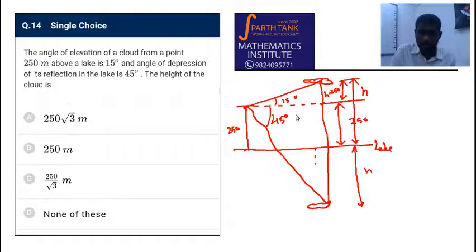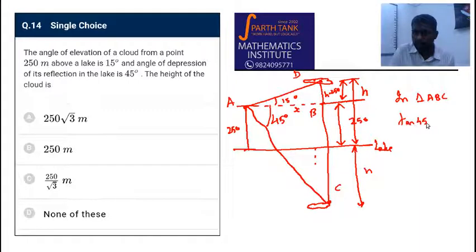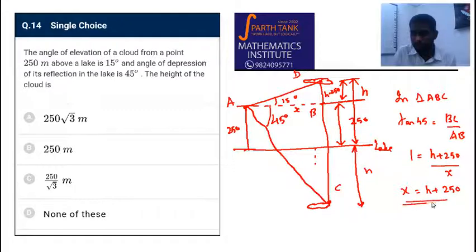So in triangle ABC, if I say this distance is x, what is tan 45? Tan 45 is going to be BC upon AB, or 1 is going to be, BC is h plus 250 upon AB is x. So I get x is also h plus 250.